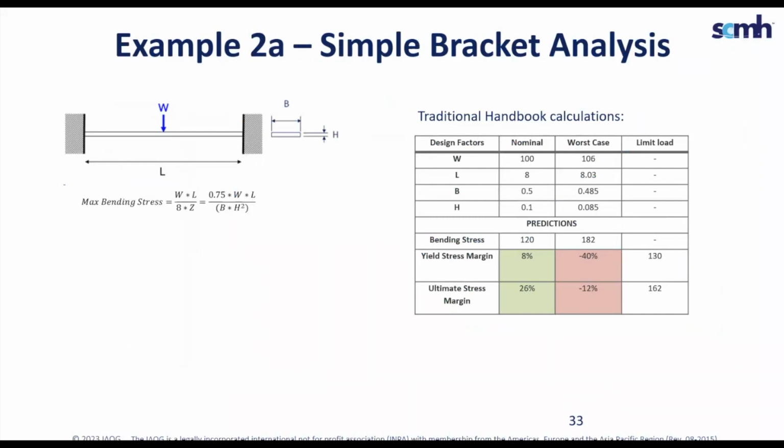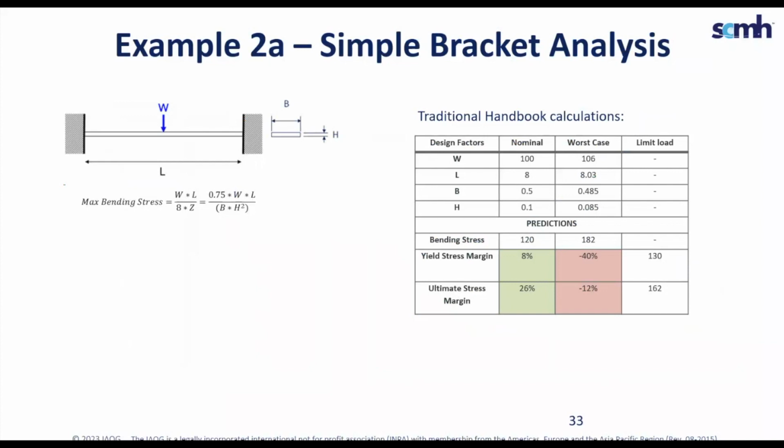Our second example is another bracket example that is modeled as a beam. Traditionally, we can use handbook calculation to solve this problem. Illustrated here is how conflicts can appear in fulfillment of the worst case requirement.